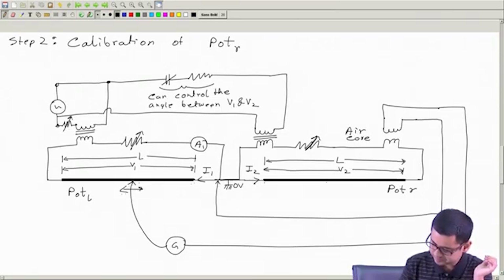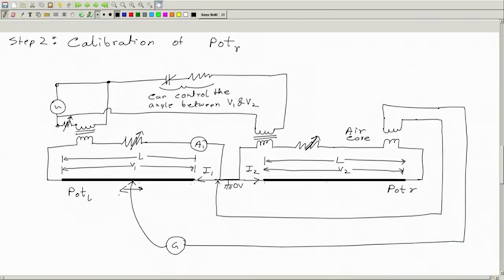This is movable. Now we need to know the mutual inductance of this transformer, that is, between these coupled coils.